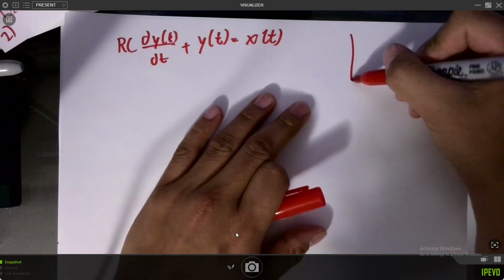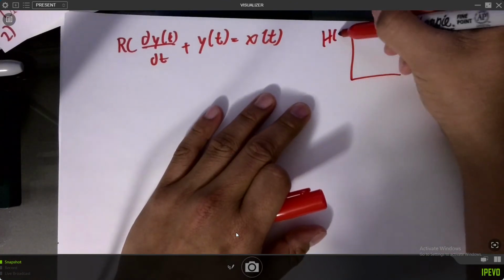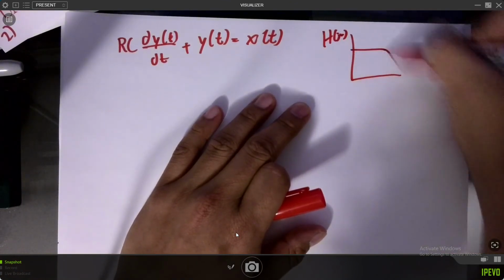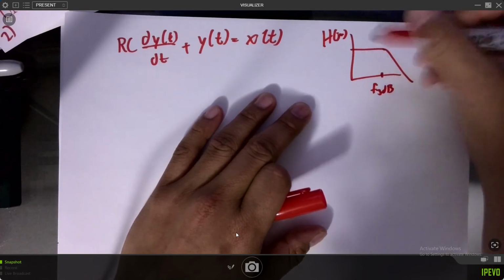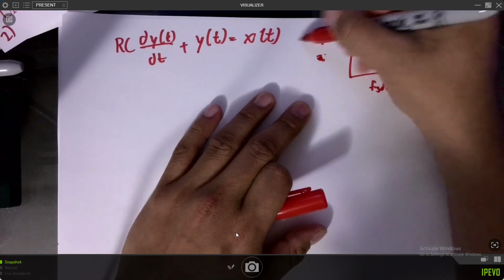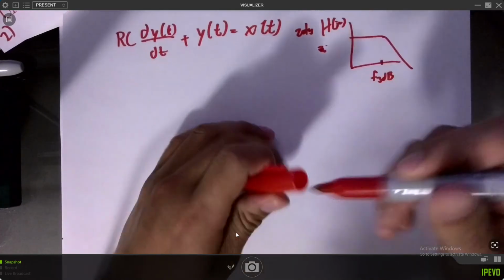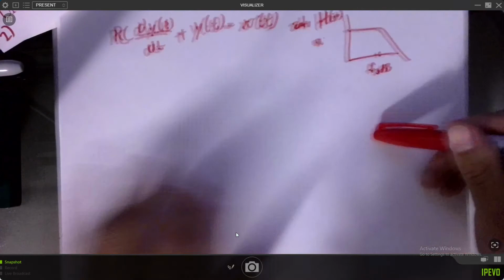You have Bode plots, H of j omega, and some f 3 dB, and this is 20 log if you wanted to do that. But we're going to do this.